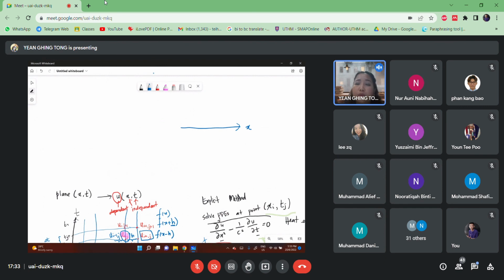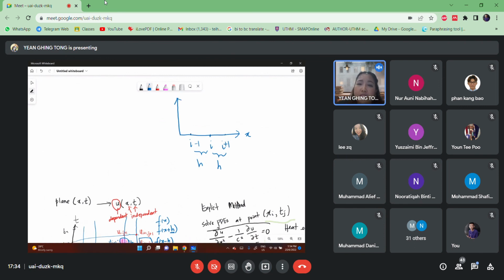So we will have here, this is I minus 1, this is I plus 1, where this one is the step size. Here is the y axis, this is t. At this point, this is j. And here it can be said j minus 1, here is j plus 1.